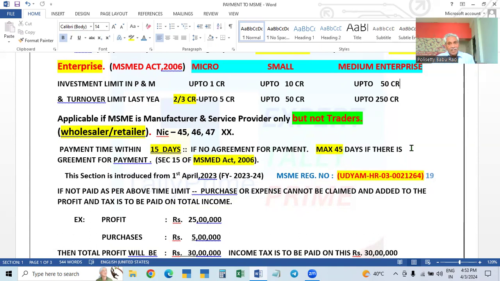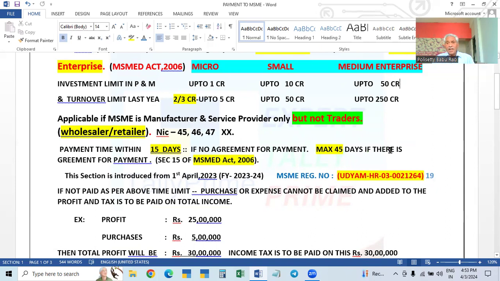Within that date, if it is paid, even if it is the next financial year, because it is paid within the due date only, and the transaction took place in the month of March, 45 days means it will go into the next year. So in the next year also, if it is paid within the due date, then for the current financial year it will be allowed, it will not be disallowed. If the due date in the next financial year is also expired, then it will be disallowed and added to the profit. Understand this? So it is to be paid within the financial year, then there is no problem.